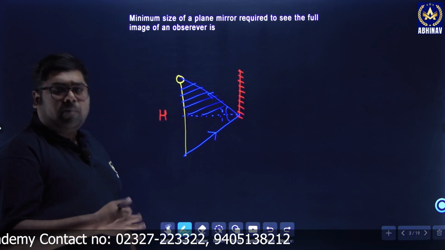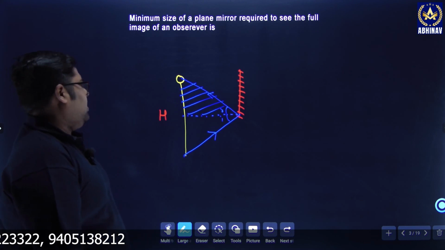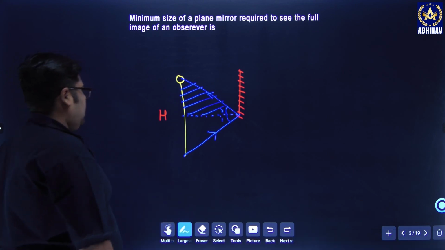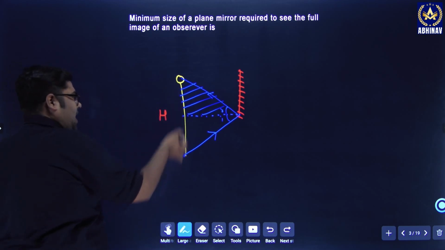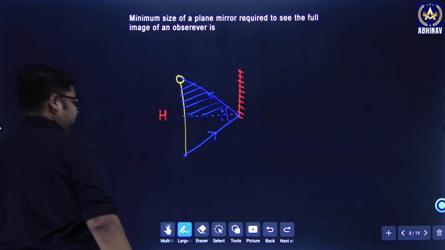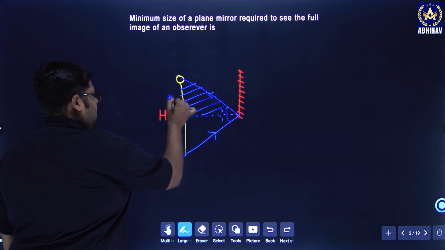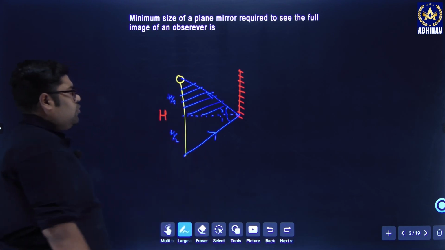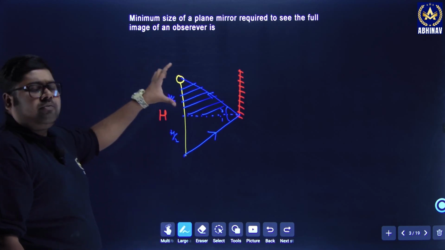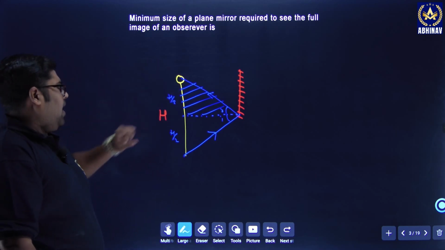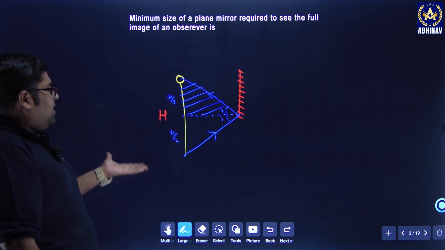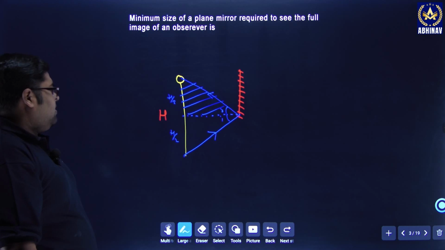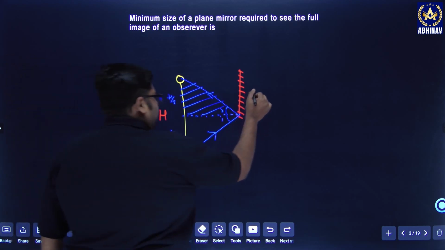Now, the property of congruent triangles is that all the sides are equal. So if the complete height of a person is h, now it will be h/2 and h/2. So the size of the plane mirror required for a person to completely observe his image is half of the height of the person.